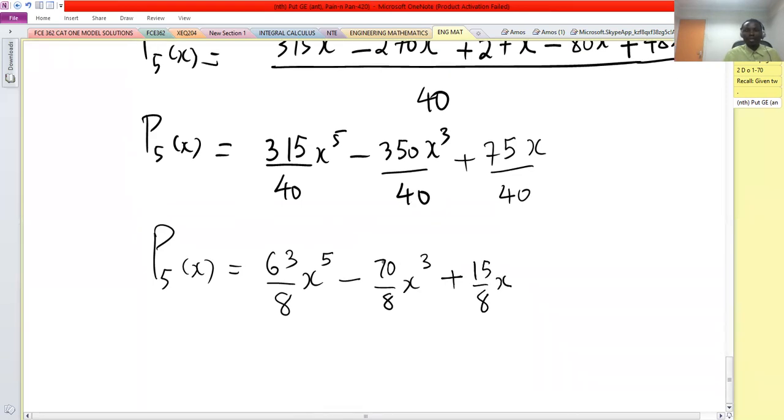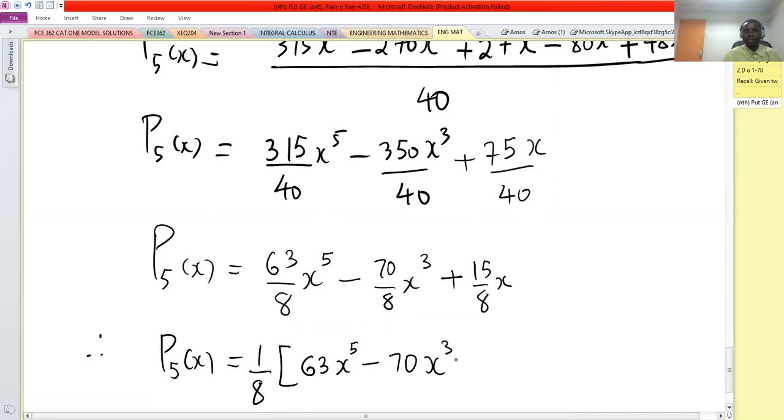So I've not written this one as 35 over 4 so that I just have all the common denominators 8, so that I write P5(x) is 1 over 8 into 63x to the power 5 minus 70x to the power 3, and then plus 15x.